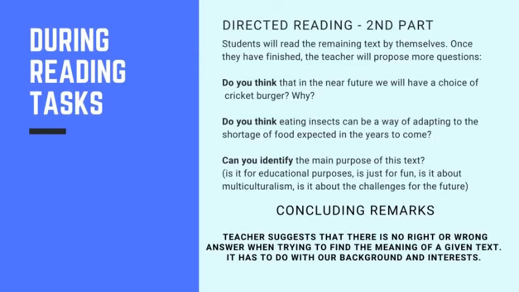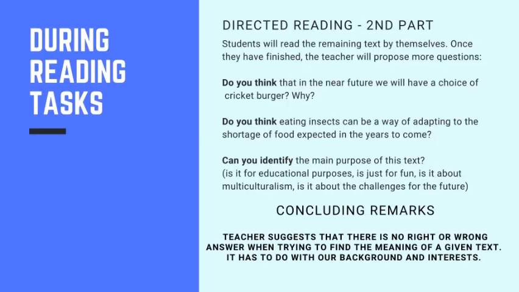So the questions can be: do you think at some point in the future we will have to eat insects in order to survive? Do you think eating insects can be a way of adapting to the shortage of food supply in the future? And finally, what do you think is the main idea of the text? The objective of this final question is that they provide different answers.